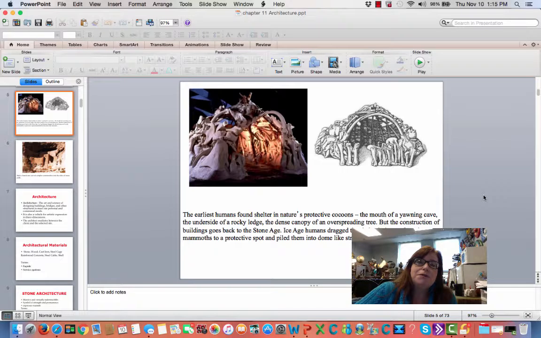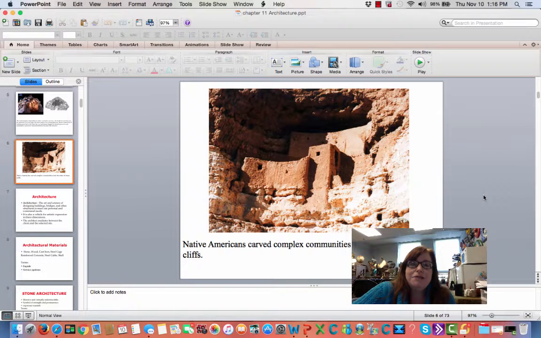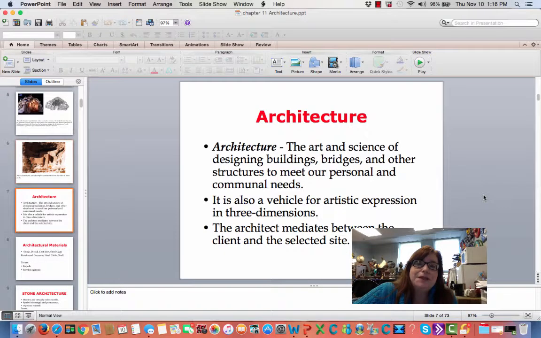Originally, people would have sought shelter in caves, which is provided naturally by nature, but people would also take the skeletal pieces of woolly mammoths, which of course were huge, and they would drag them to a protective spot and then arrange them into dome-like structures, as you see here. And Native Americans carved complex communities into the sides of mesa cliffs, which we will talk about as well.